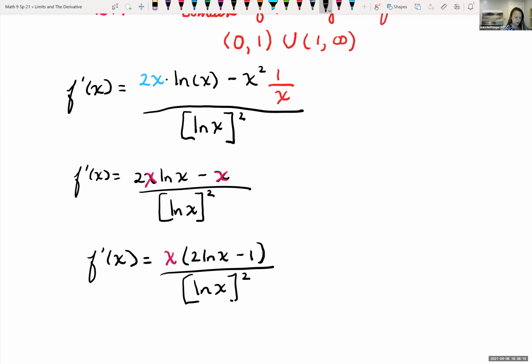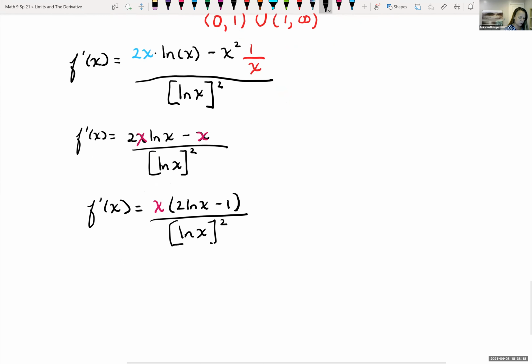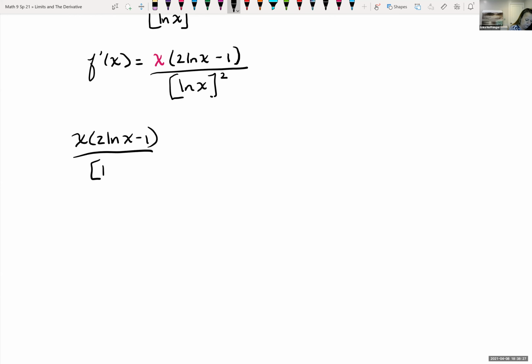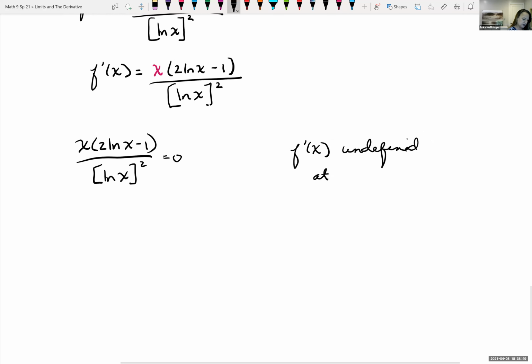Okay, so again, critical numbers, where that is set equal to 0, really we only look at when the numerator is 0. And where this is undefined. And we looked at natural log of x was undefined when x was 0. I'm sorry, x was 1.